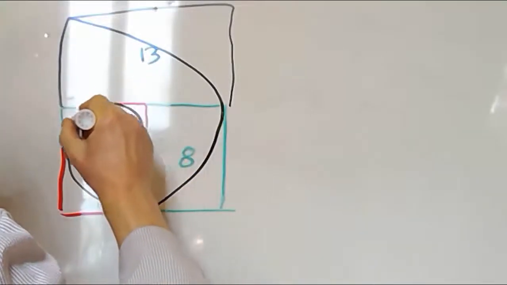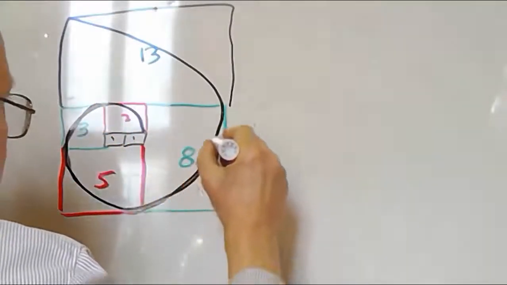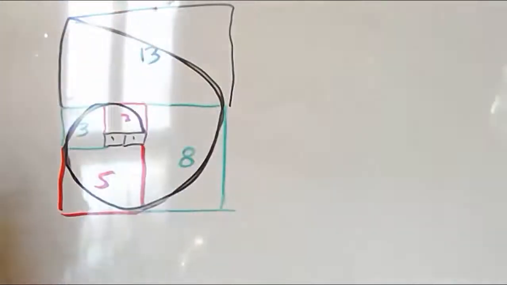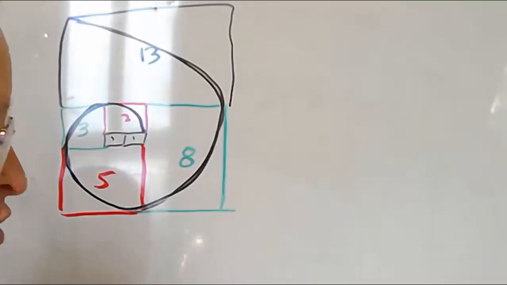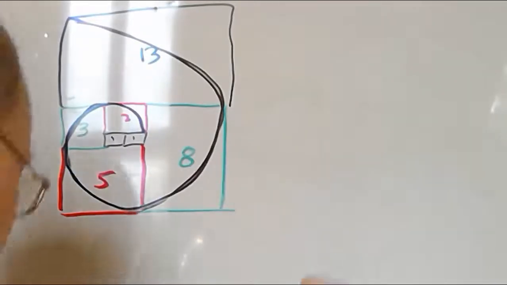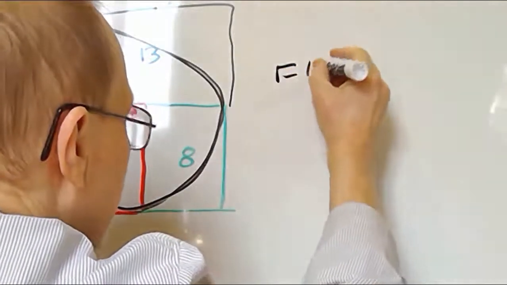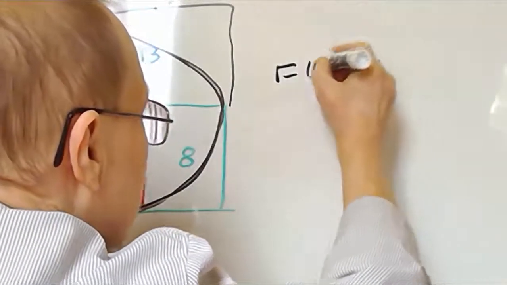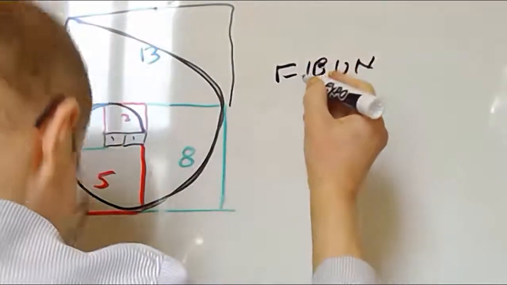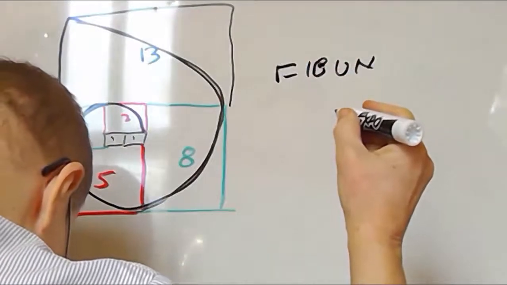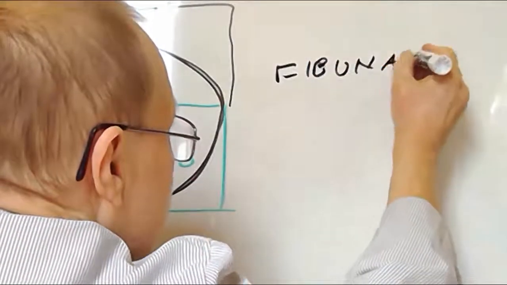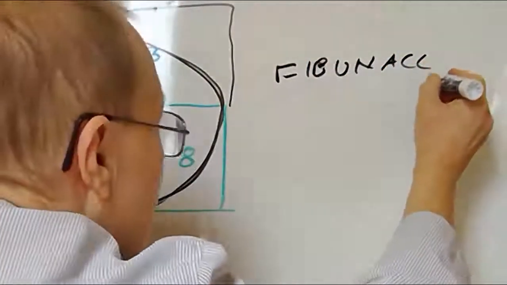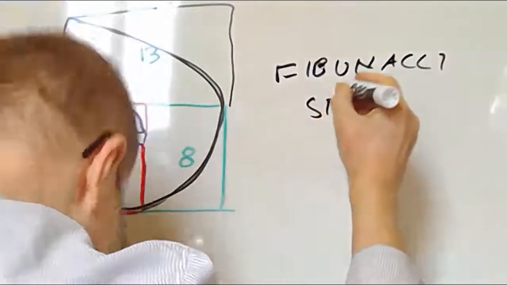And this forms what's called a Fibonacci spiral. And as you see, it's a spiral. And if you look at nature, and let me write this, it's a Fibonacci spiral.